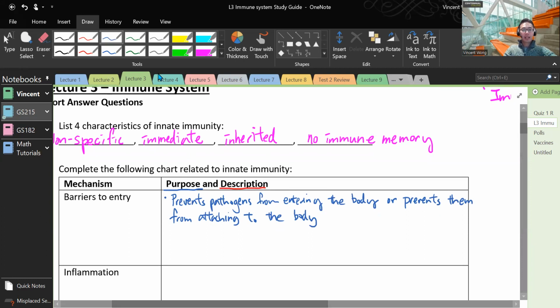Okay, and so the description would be there are like different types of barriers, right? There are physical barriers. There are chemical barriers. Okay. Any examples of physical barrier?